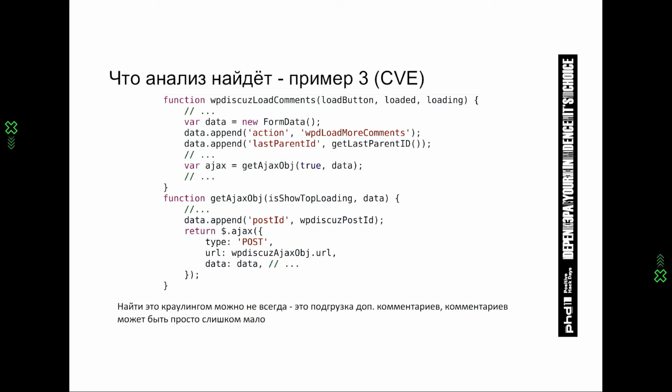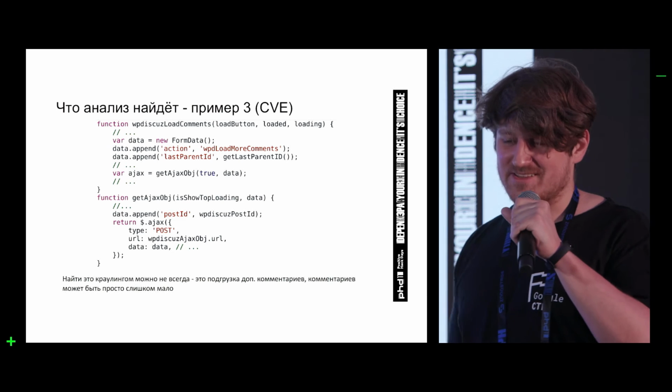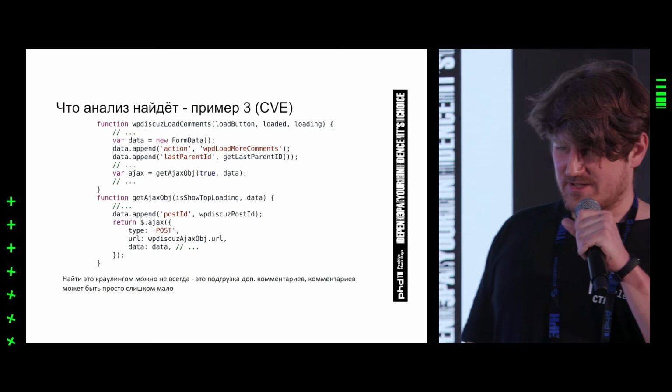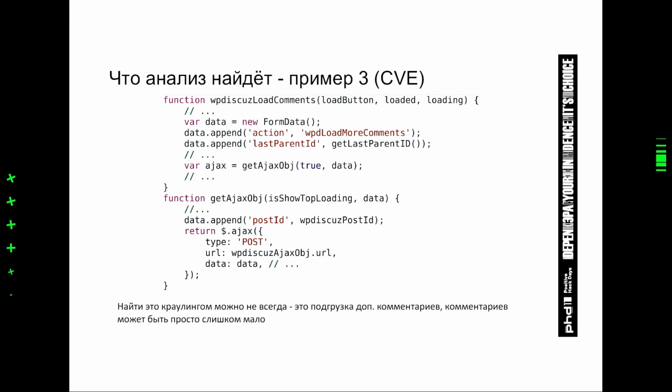And just a very brief example, not too unique. A WordPress plugin, the CVE thing. So two functions here. The second one is called from the first one. GetObjects is called from the previous function. So it downloads additional comments onto the page.